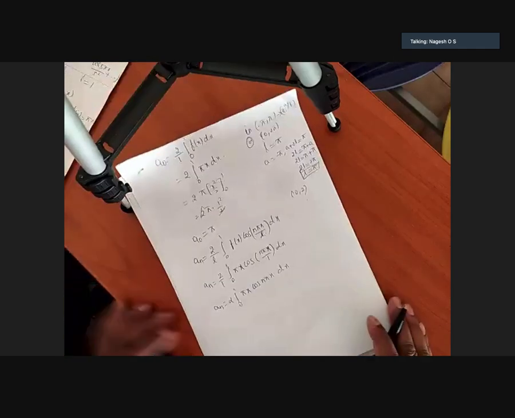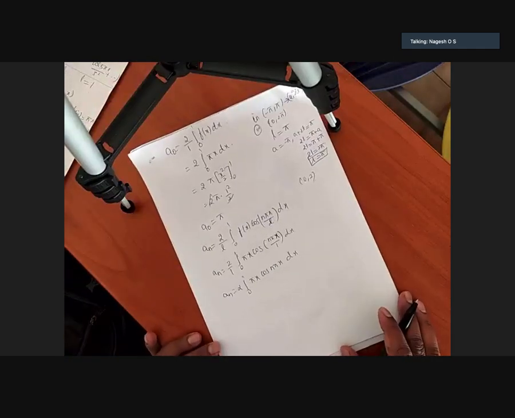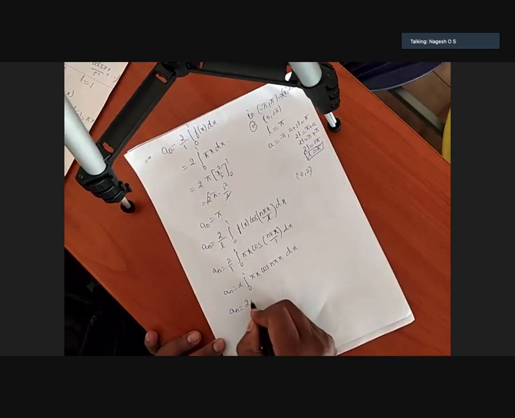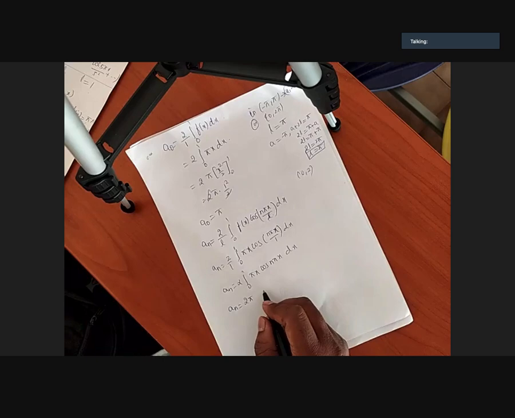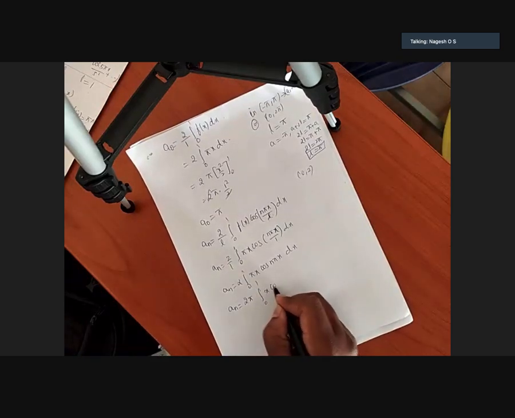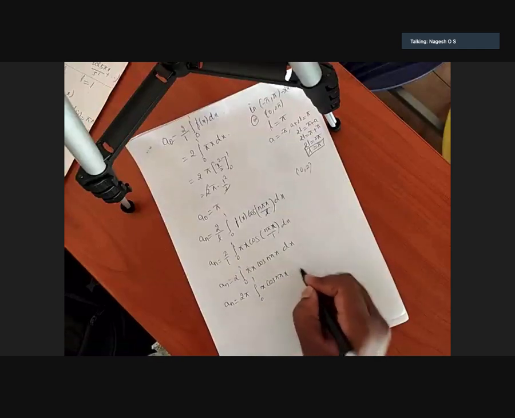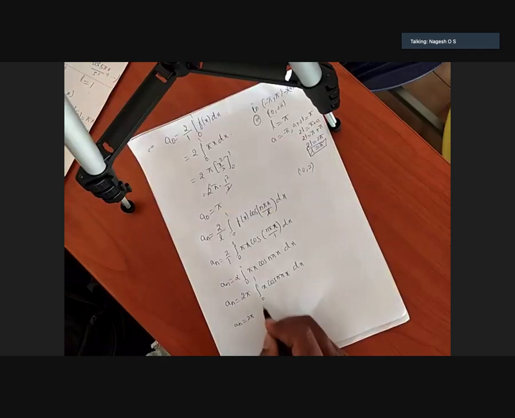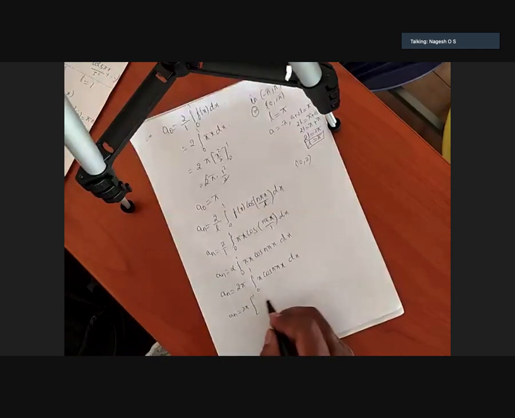We need to integrate this. Write this pi outside. An equal to 2 pi, 0 to 1, x cos n pi x dx. Integration by parts.